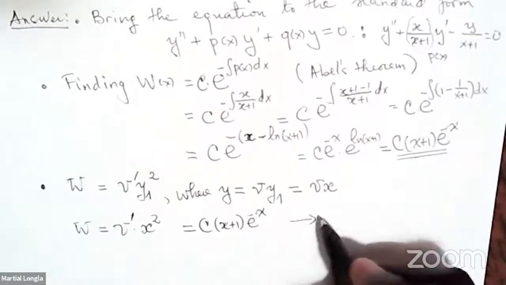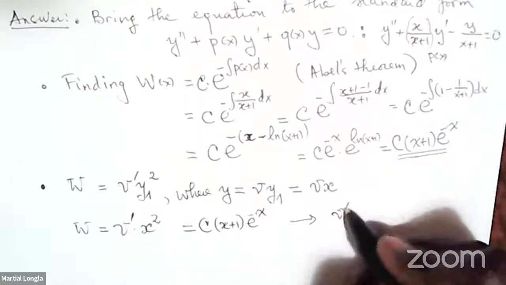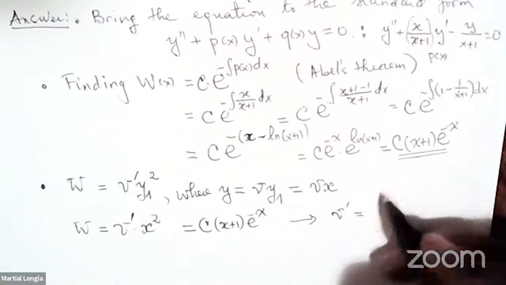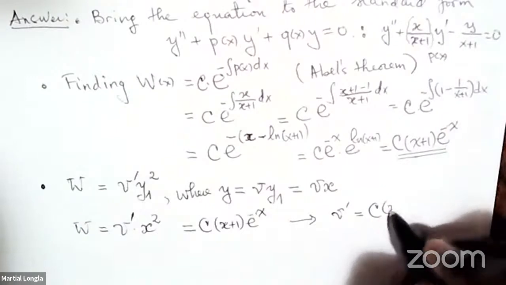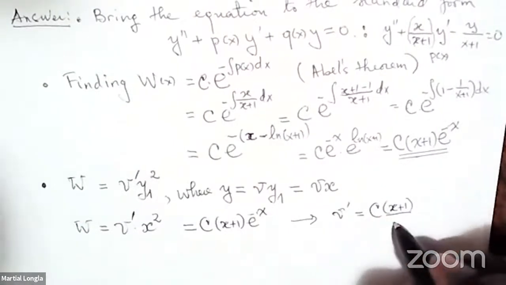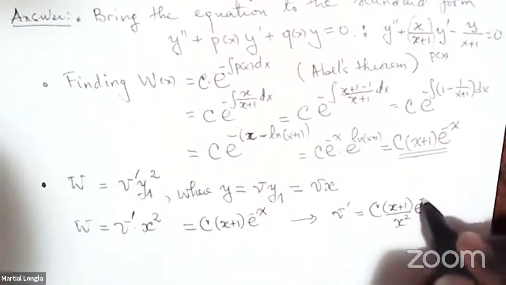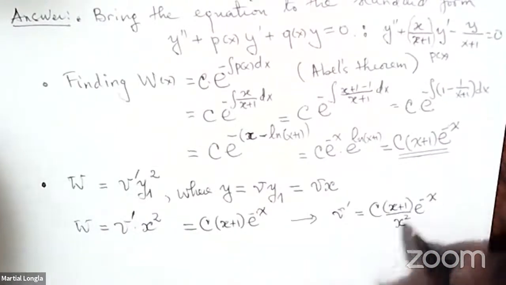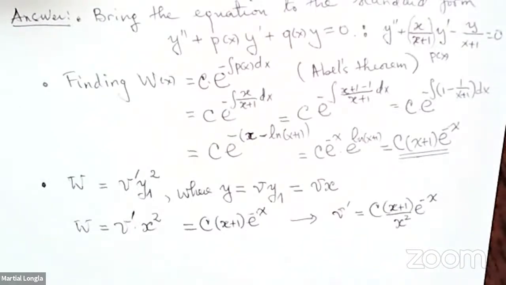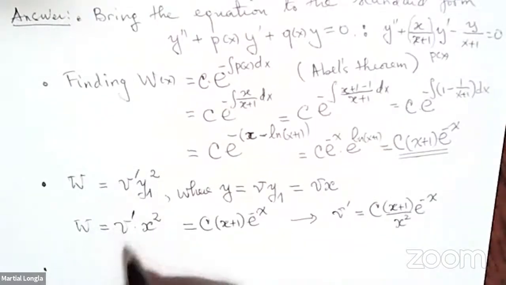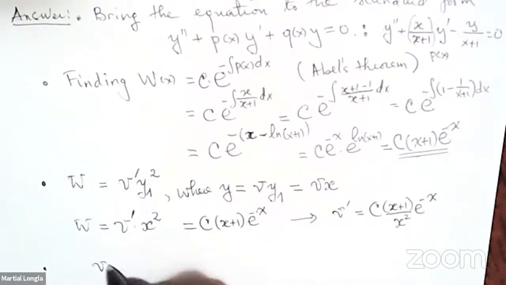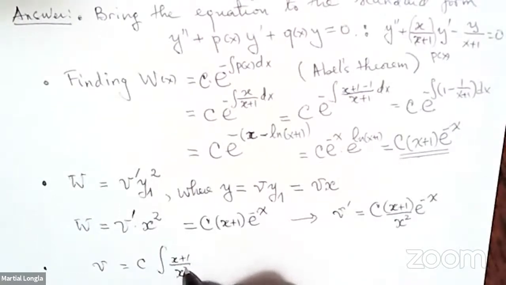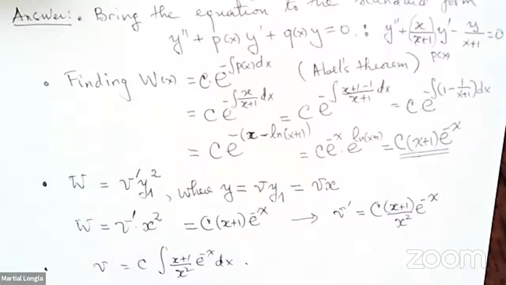And from that, you can solve and find v prime equals c times x plus 1 over x squared times e to the negative x. And therefore you get to that last step and you integrate to find v. And you integrate this.